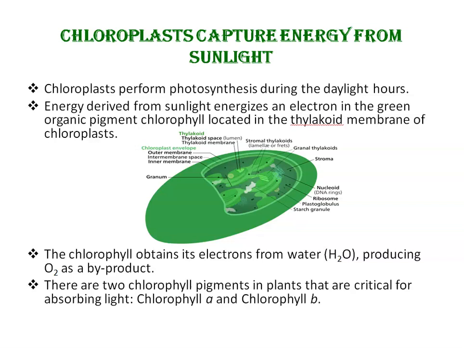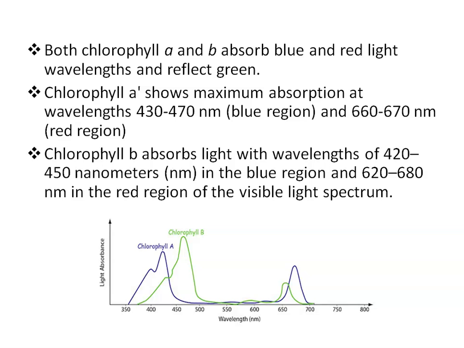There are two chlorophyll pigments in plants that are critical for absorbing light: chlorophyll A and chlorophyll B. Both chlorophyll A and B absorb blue and red light wavelengths and reflect green, right? Just look at this graph.